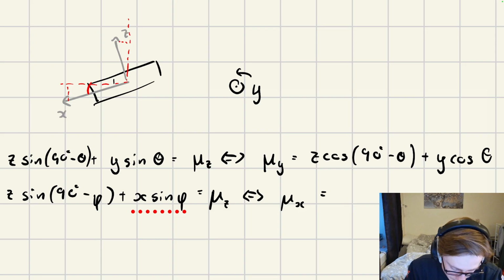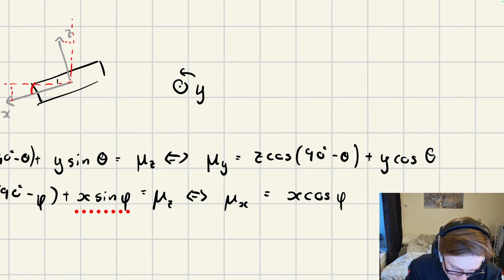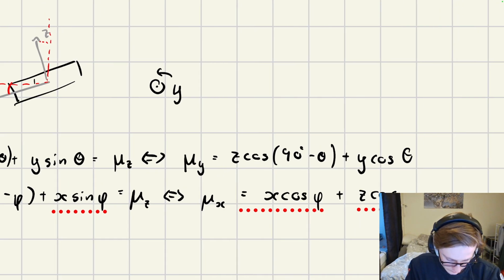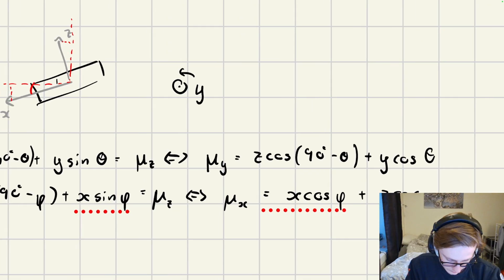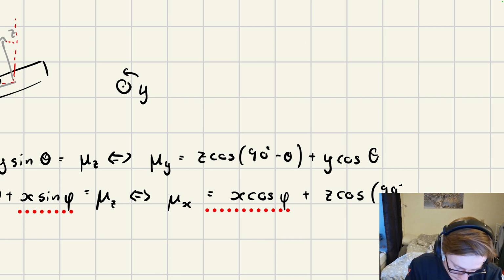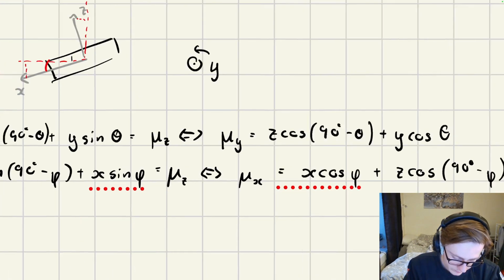Okay, so this is x cosinus psi plus set cosinus 90 degrees minus psi.